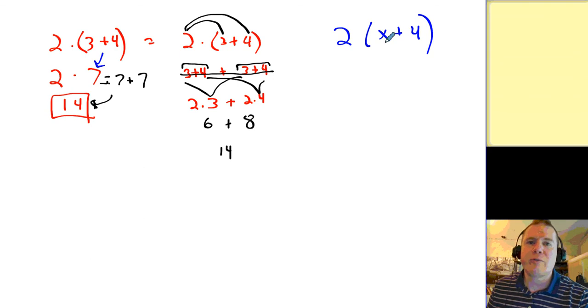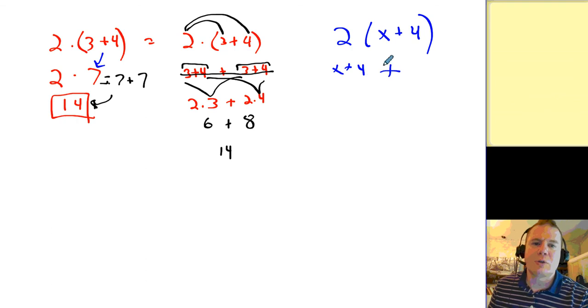I don't know the value of x, so I don't know what the value of 4 more than x is. I can't do this operation, but what I can do is recognize 2 times x plus 4 means x plus 4 plus another x plus 4. I can recognize that I'm adding up 2 x's here.